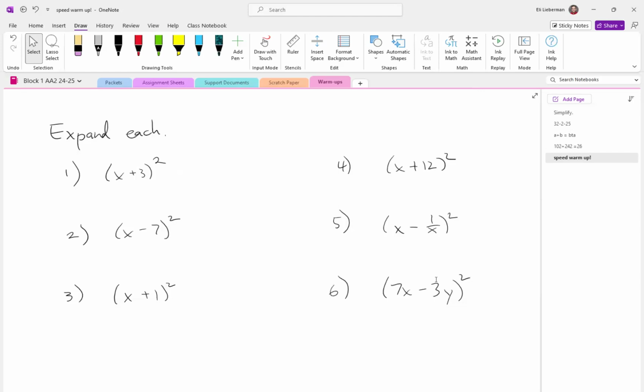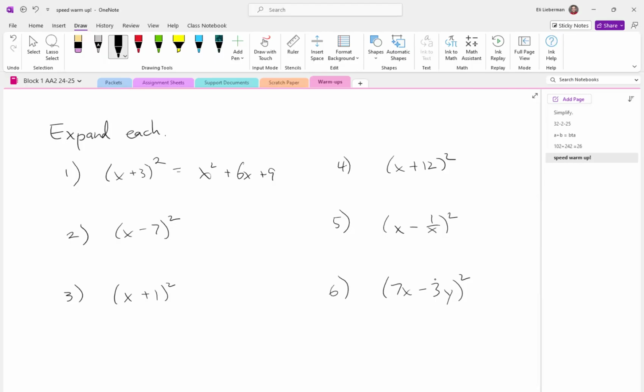So ultimately, I do want you to be able to do these quickly. Of course, if you just did x squared plus 9 and that's how you finish so early, then we might have a problem, right? Of course, each one of these results in what kind of a polynomial? Quadratic trinomial. And these are all perfect square trinomials. This specifically is x squared plus 6x plus 9.